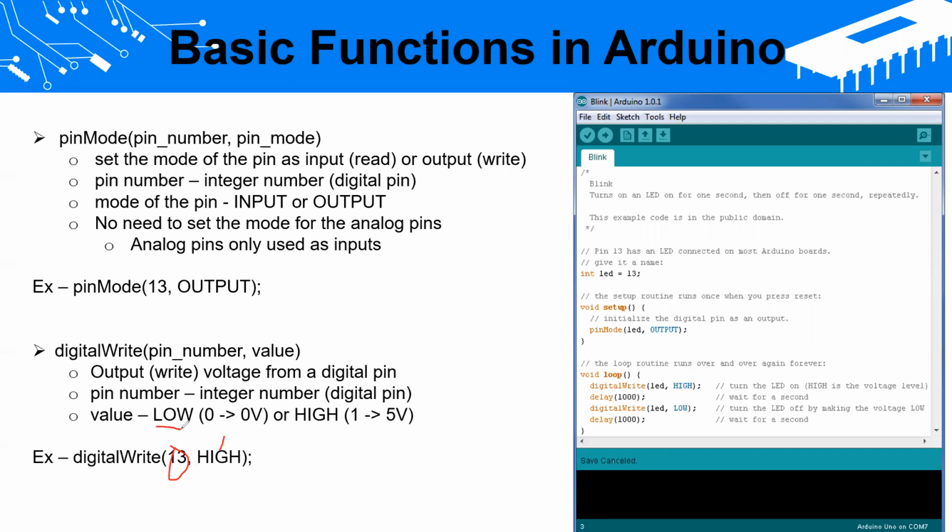If we put LOW, that means 0, almost 0 voltage. If you put HIGH, meaning 1, that means almost 5 volts. These voltage levels are not very accurate and have some error, but they are nearly 0 and 5 volts.